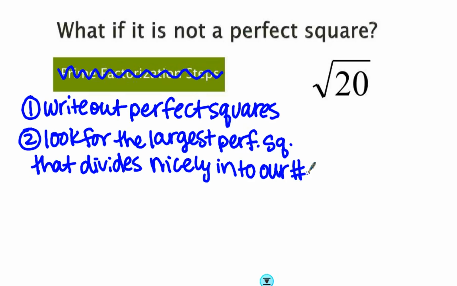What I mean by divides nicely, or divides evenly, is that it divides as a whole number. So for example, 13 doesn't divide nicely into 20, but 10 divides nicely into 20. So that's what I mean there.